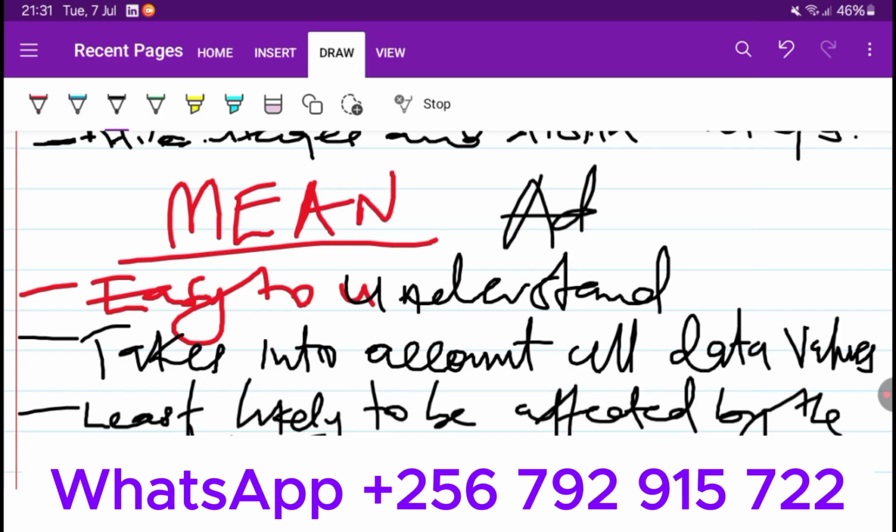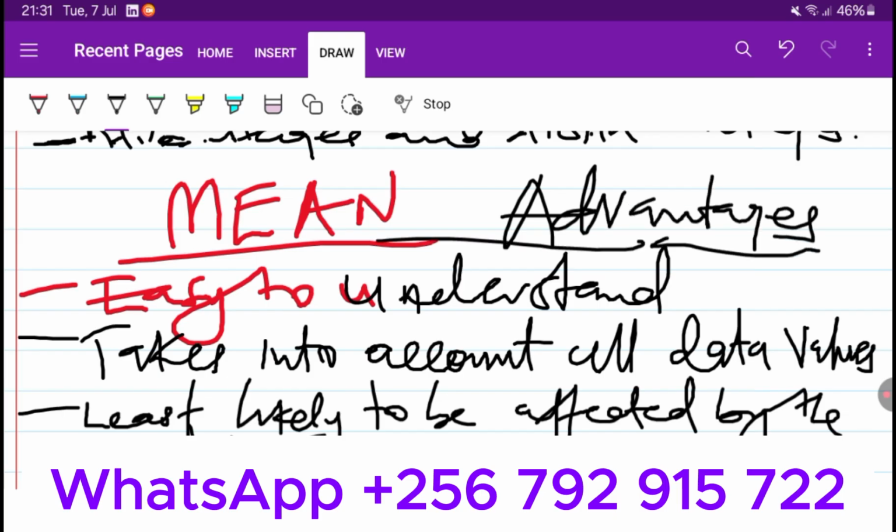These are advantages. Yeah, we are looking at the advantages of mean. They are easy to understand. They take into account all the values. It's also very easy to compute. They are straightforward to calculate.